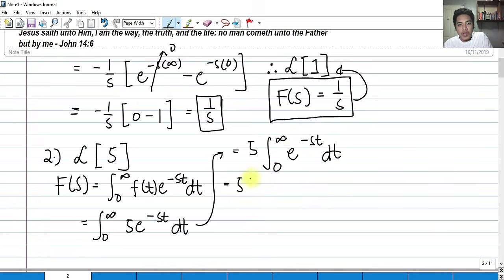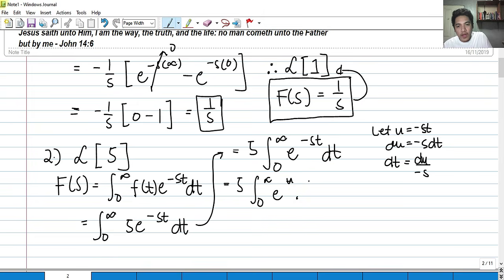And we can again integrate this. If we integrate this again, we let u equal negative st. Our du with respect to t is negative s dt. So our dt would now be du over negative s. If we substitute that, we have e raised to u multiplied by du over negative s.